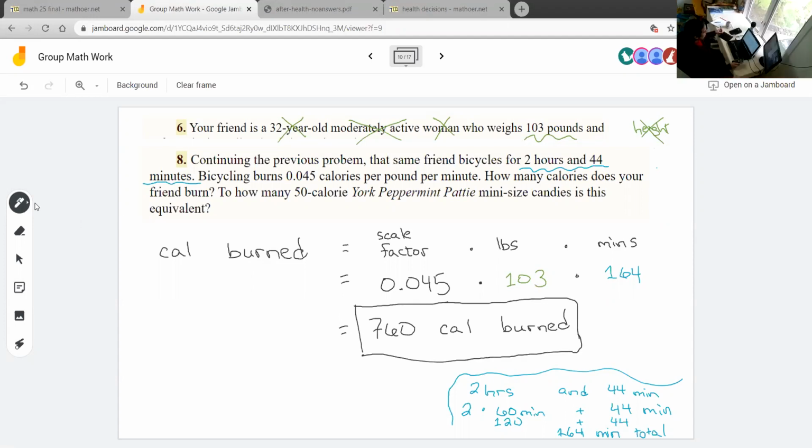Now we're not quite done. It also asks us how many 50-calorie candies would that be? So I will do 760 divided by 50, try to make equal size piles. And I get about 15.